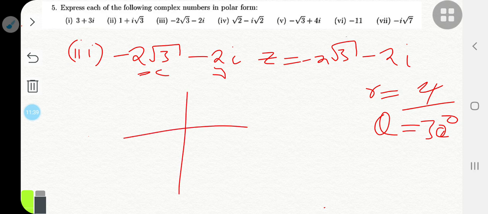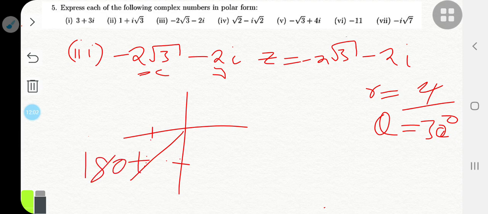So I'll draw a diagram first. My x is given as negative 2 root 3, so it will appear on the negative x-axis. And my y is also negative 2, so it will also appear on the negative y-axis. They are falling in the third quadrant.